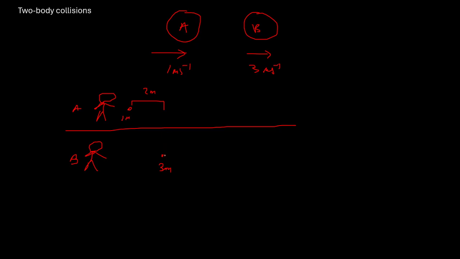Now in second number 2, this guy moves 6 meters, and this guy moves just 1 more meter, so he moves over here 2 meters. Now if you look at the separation, the separation is 4 meters. So what do you notice? For every second that passes, B covers 2 meters more.